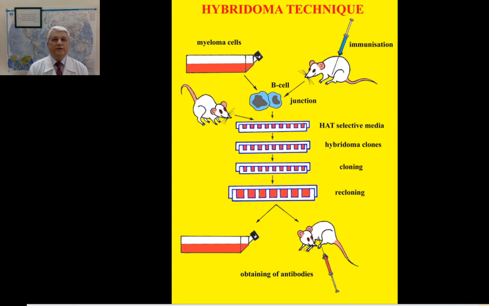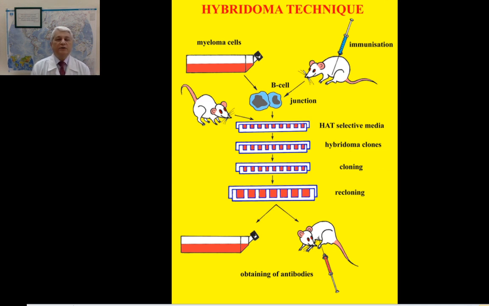And the problem is that malignant tumors originate from B lymphocytes, which are producing antibodies that we don't need because we don't know their specificity.